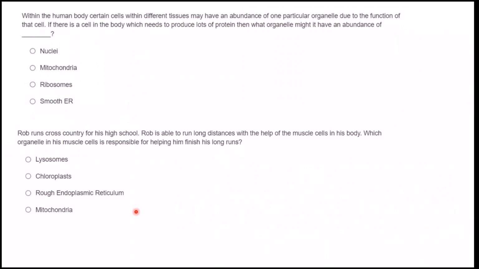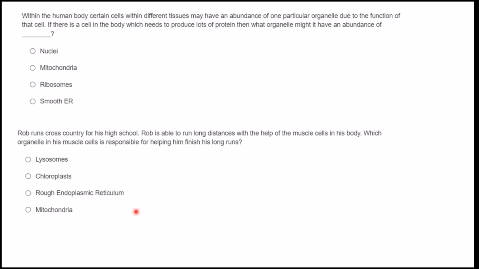Within the human body, certain cells within different tissues may have an abundance of one particular organelle due to the function of that cell. If there is a cell in the body which needs to produce a lot of protein, then which organelle might be abundant?